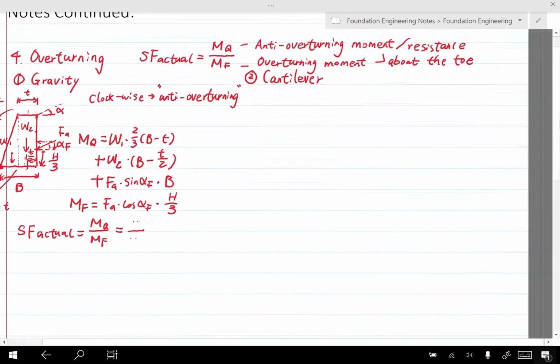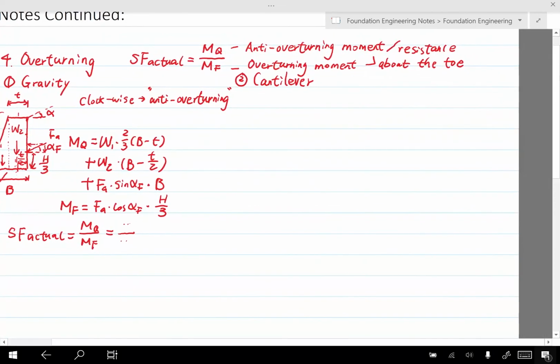Then let's take a look at the cantilever wall. For the cantilever wall, we also overlook the weight of the passive zone and also the passive force. We overlook this one.